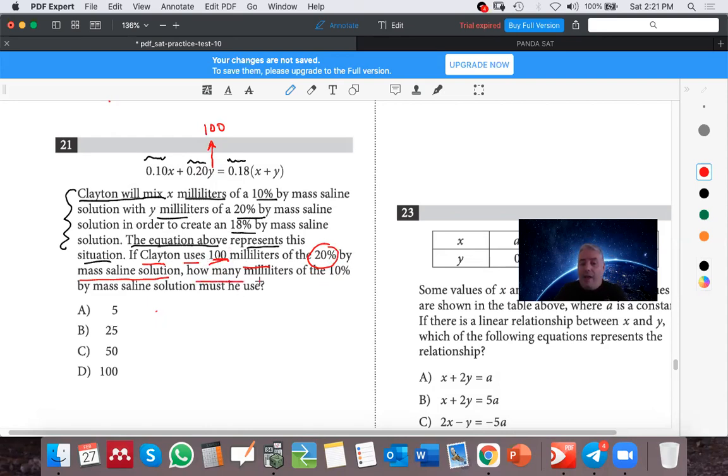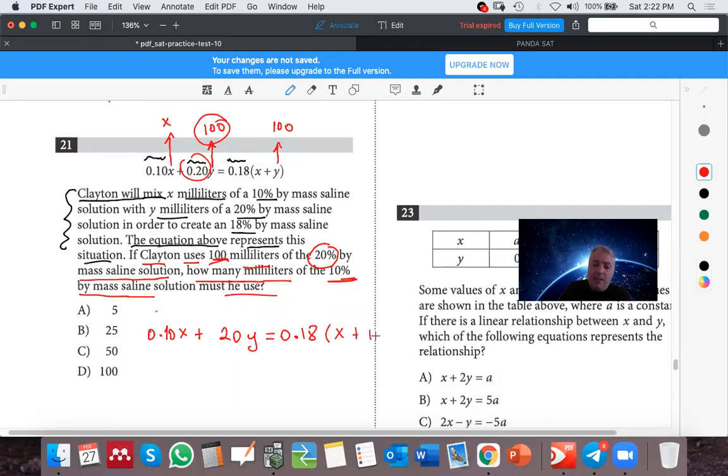And then how many milliliters of 10% by mass saline must be used? The 10% here. So what is this? X. By the way, when Y is 100, this Y is also, of course, 100. So my equation then is 0.10x plus 100 times 0.20, which is 20y, is equal to 0.18 times x plus 100.